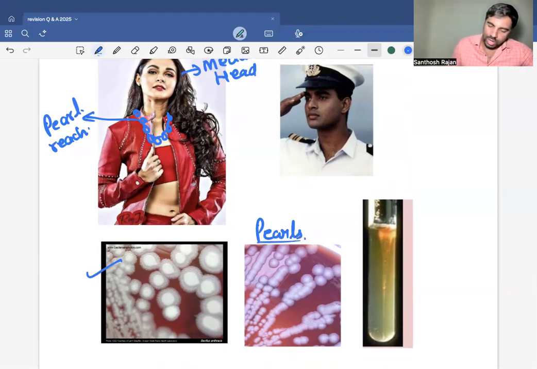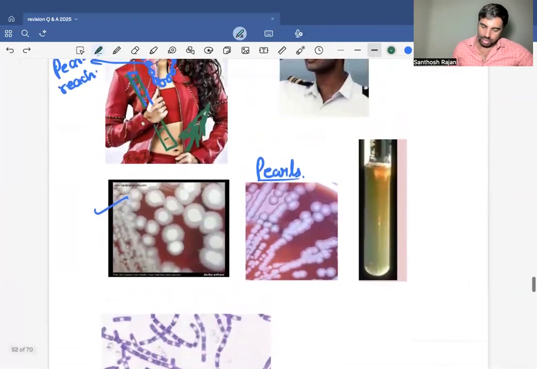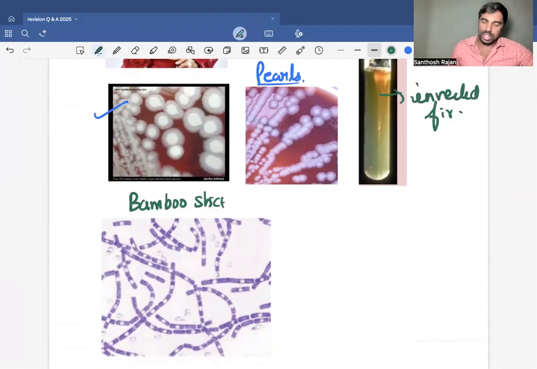And I told you to remember she's holding a bamboo stick in one hand. In the other hand, she's holding an inverted fir tree. This is the bamboo stick, this is the inverted fir tree. Important for Andrea, anthrax, right?